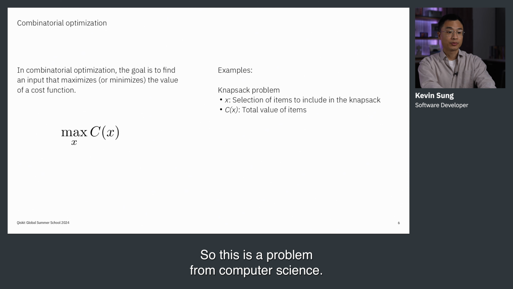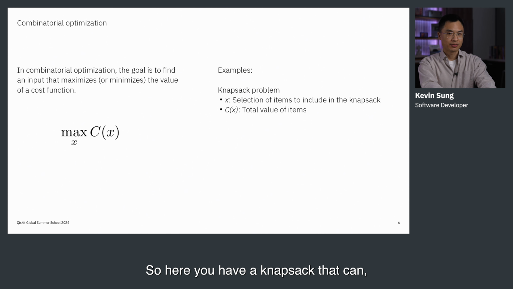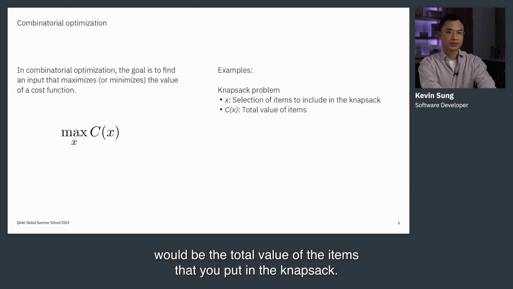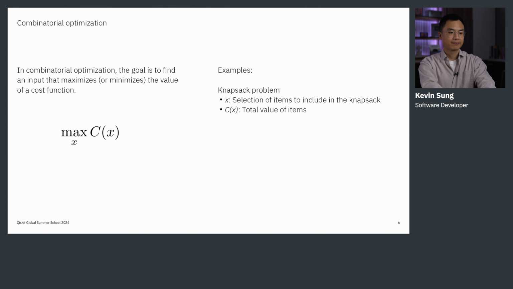This is a problem from computer science. Here you have a knapsack that can fit a limited set of items. The input x would be the selection of items to include in the knapsack, and the items have different values. And the cost function would be the total value of the items that you put in the knapsack.